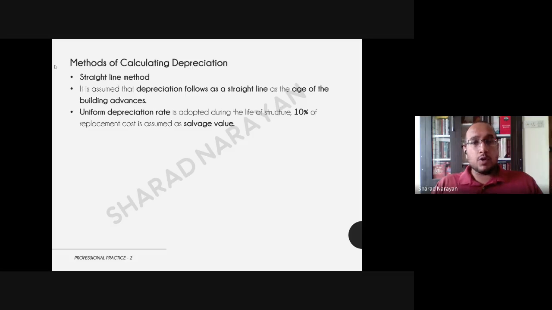So if I demolish this structure and try to construct it in 2020, I will pay 30 lakhs for it. But as a standard of calculating depreciation, replacement value remains as 15 lakhs. Understood?